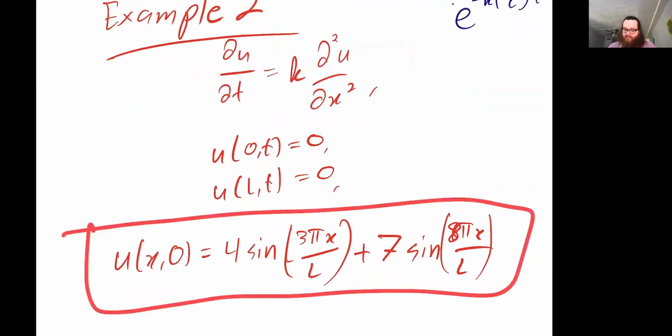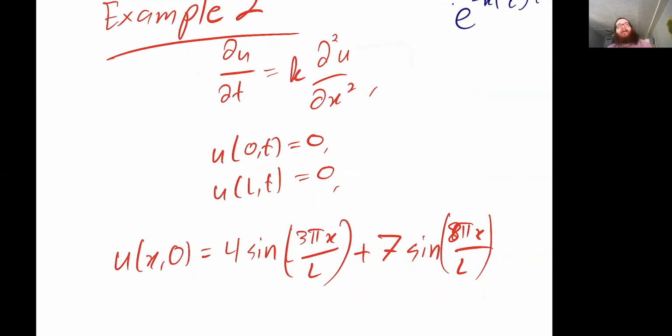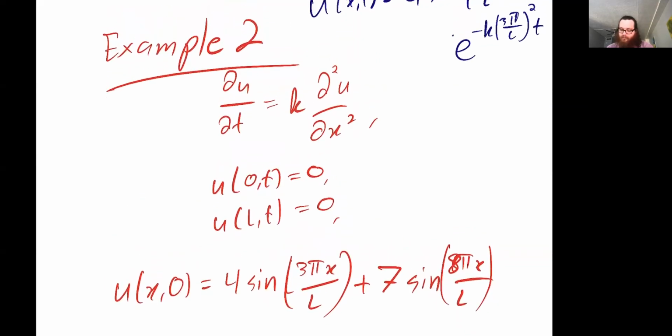But now we have this initial condition where we're adding two sine functions. So this piece right here is what we got before. This piece right here is new. And so we're saying at time 0, our solution should look like this.